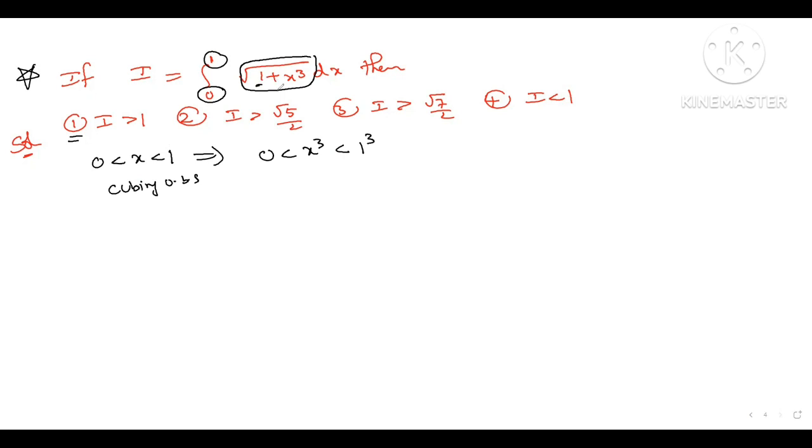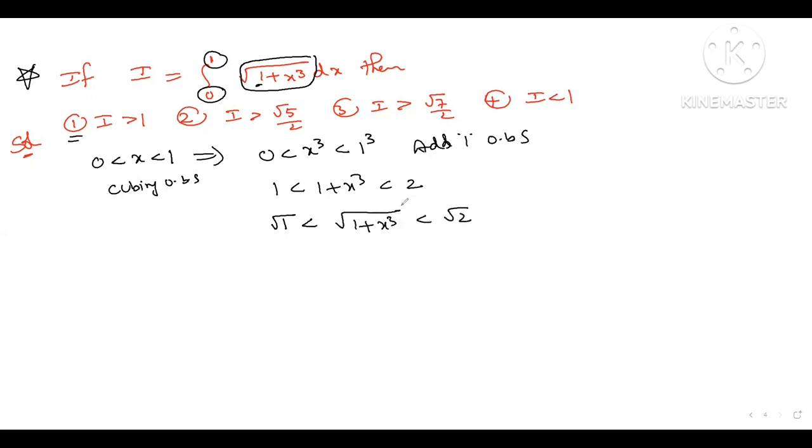Now plus 1 is there, so add 1 on both sides. So 1 less than 1 plus x cube less than 2. Now, since there is a root, take the square root on both sides. Root 1 less than root under 1 plus x cube less than root 2.